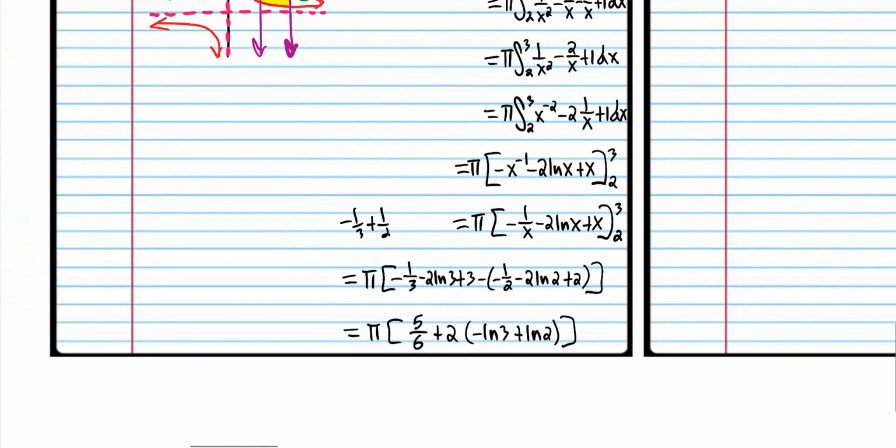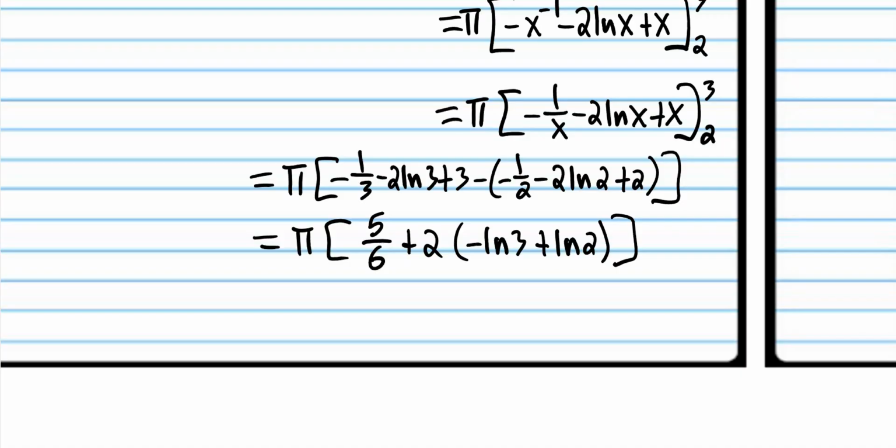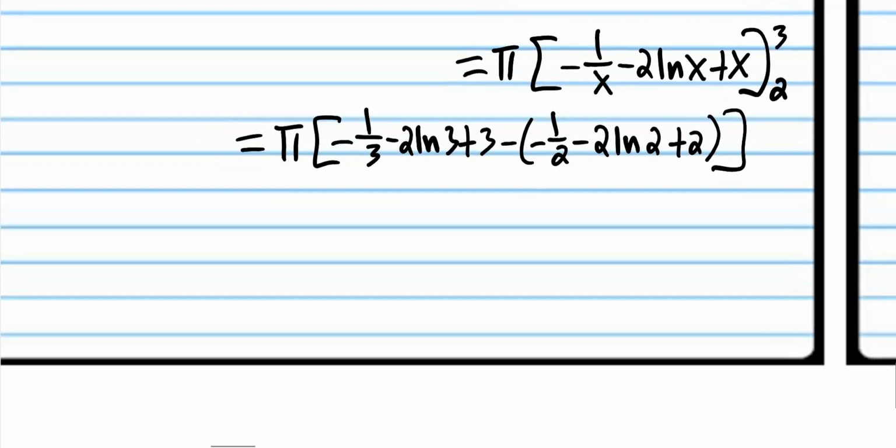But it's probably best just to use the calculator for the remaining part. We don't want to spend too much time on this, so let's enter this into our calculators. And we'll see what we get. So 1/2 minus 1/3 looks like that's going to be 1/6. 3 minus 2 is 1, so we get, looks like 7/6.